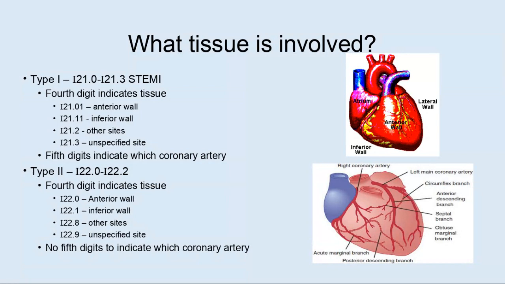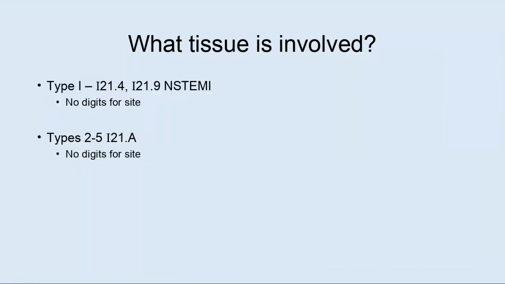For type 2, I22.0 to I22.2, the fourth digit indicates the tissue, just as in type 1: anterior, inferior, other sites, unspecified sites. However, there's no digit to indicate which coronary artery in these cases for type 2.